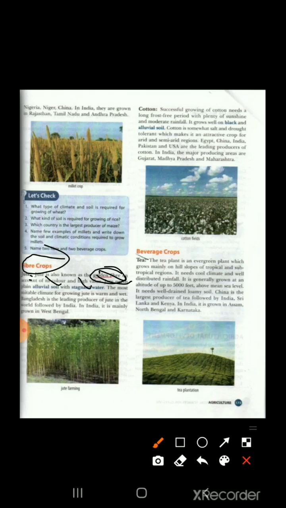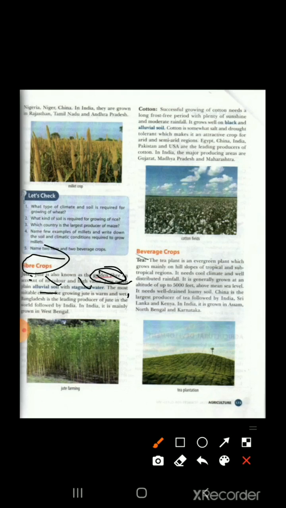Jute grows well in alluvial soil with stagnant water. Alluvial soil is one of the most fertile soils of the world, made up of fine silt deposited by rivers. The most suitable climate for growing jute is warm and wet.